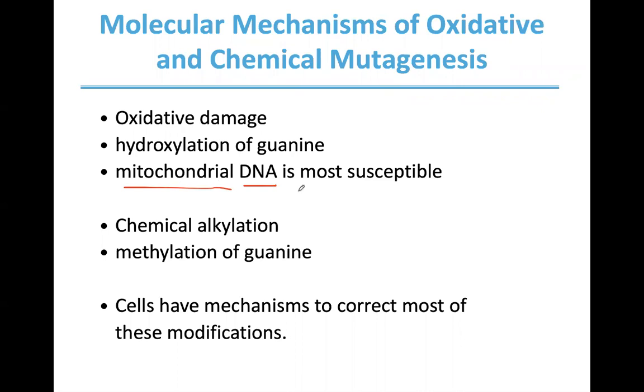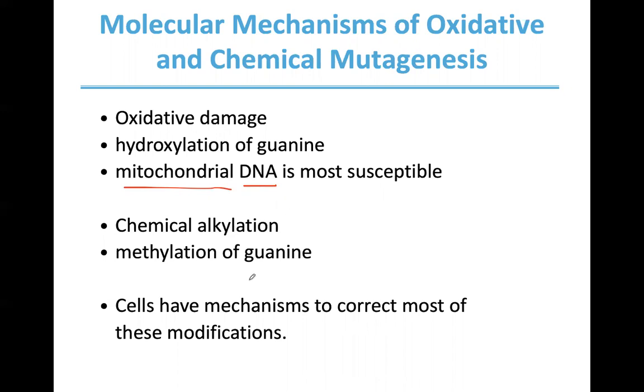Where oxygen is utilized to burn NADH, for example, nicotinamide adenine dinucleotide. And that process is again not foolproof. Some of the oxygen will be converted to reactive oxygen species, which can travel to the nucleus and can damage the DNA.